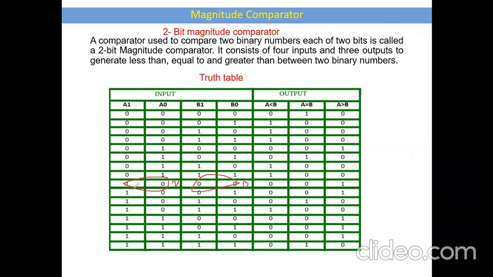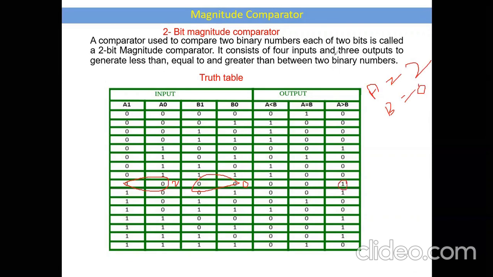So A is equal to 2, B is equal to 0. You write here. If you are getting confused, you can write over here. A is equal to 2. What is B? B is equal to 0. If you are comparing these two numbers, A is greater than B. That's why we should write A greater than B as 1.